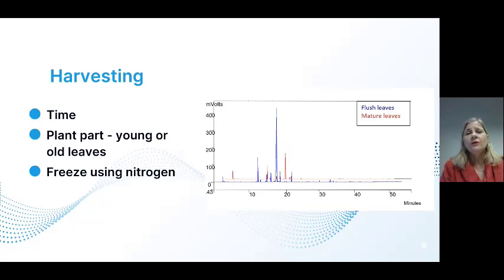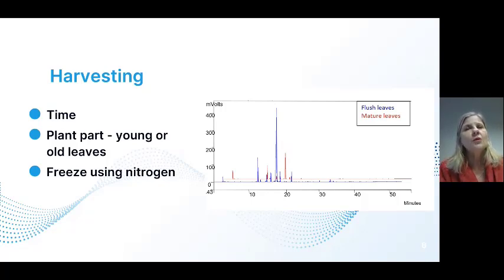So if you don't set a time at which you will be collecting your samples, you cannot compare the results that you obtain, because in the morning you would have different metabolites to what you would have just before sunset. So if you decide on a time for collecting your samples, you will use that time throughout the project.